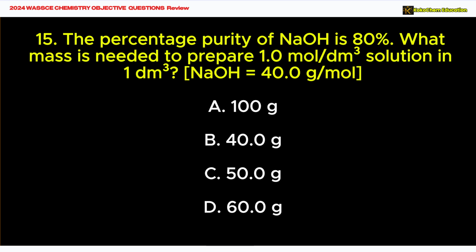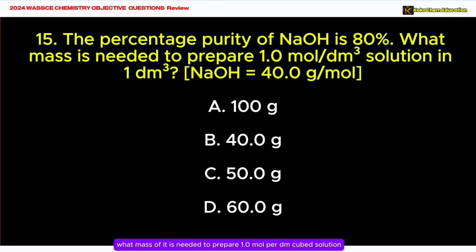Question 15. The percentage purity of sodium hydroxide is 80%. What mass of it is needed to prepare 1.0 mole per dm cubed solution in 1 dm cubed flask?